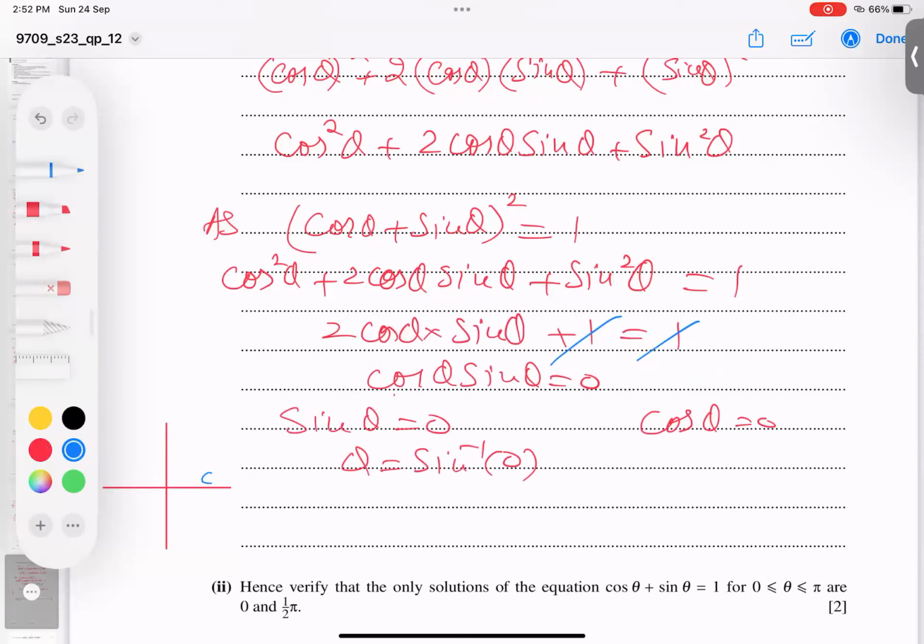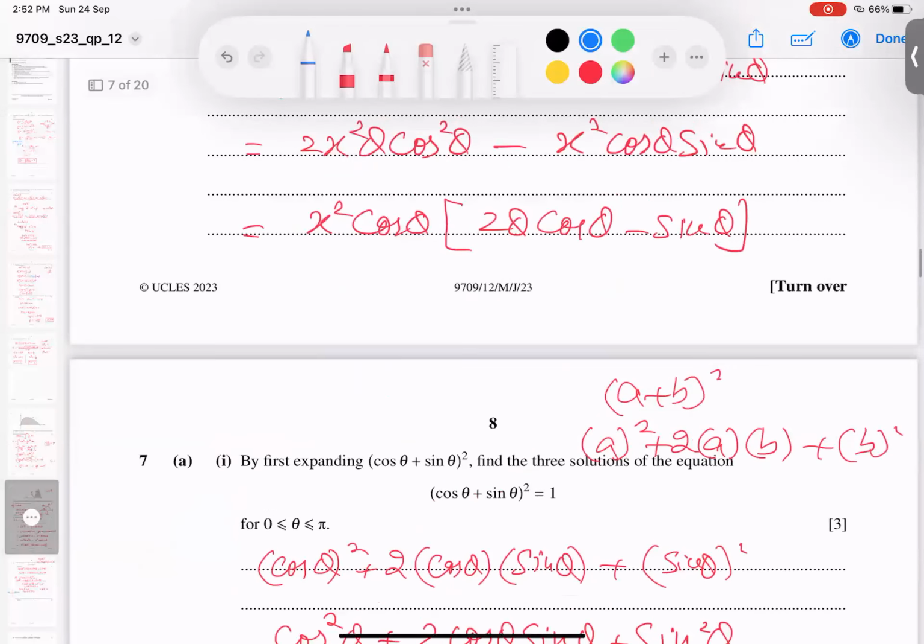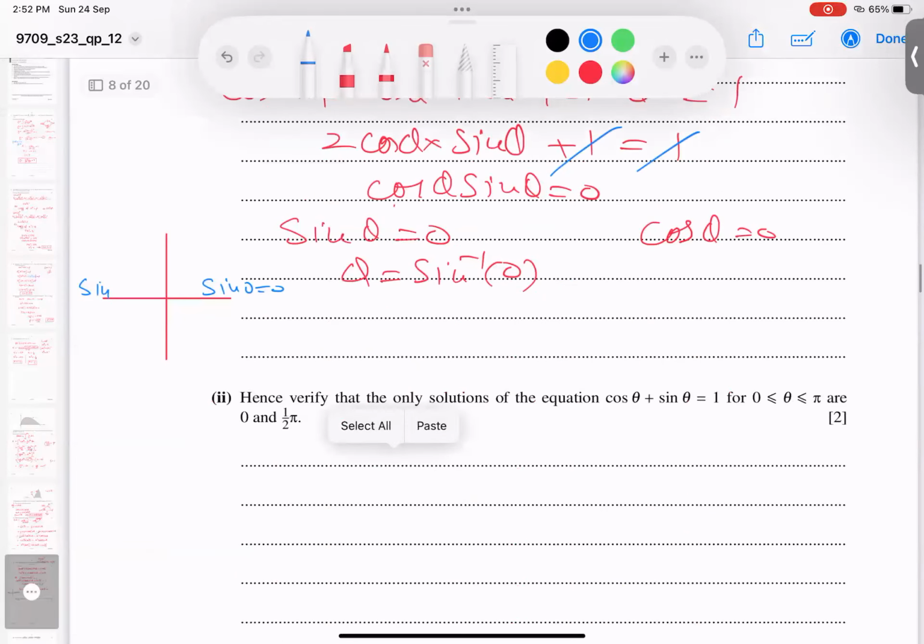Sine 0 is 0, and sine pi is also 0 in radian form. And sine pi by 2 is 1, just for your extra knowledge, and sine 3 pi by 2 is minus 1. Short story, sine is 0 here and 1 up and down.